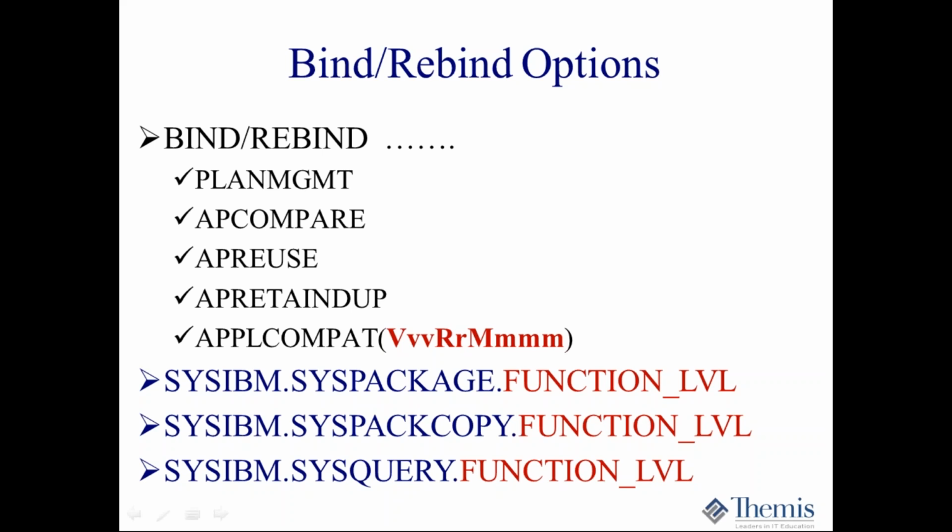Now, Apple Compat will also show the function level that it was bound into. When you rebind a package, whatever Apple Compat is what it will stay. So we know the bind option chosen at what function level it was bound.